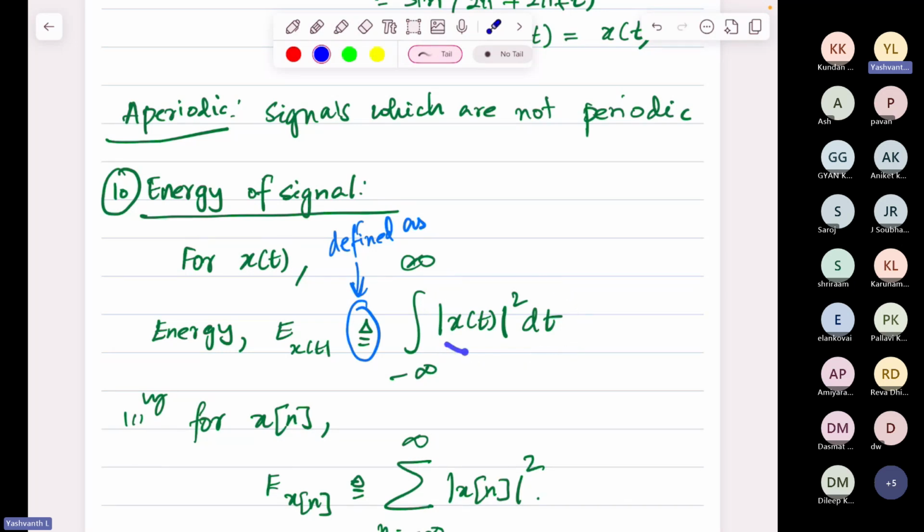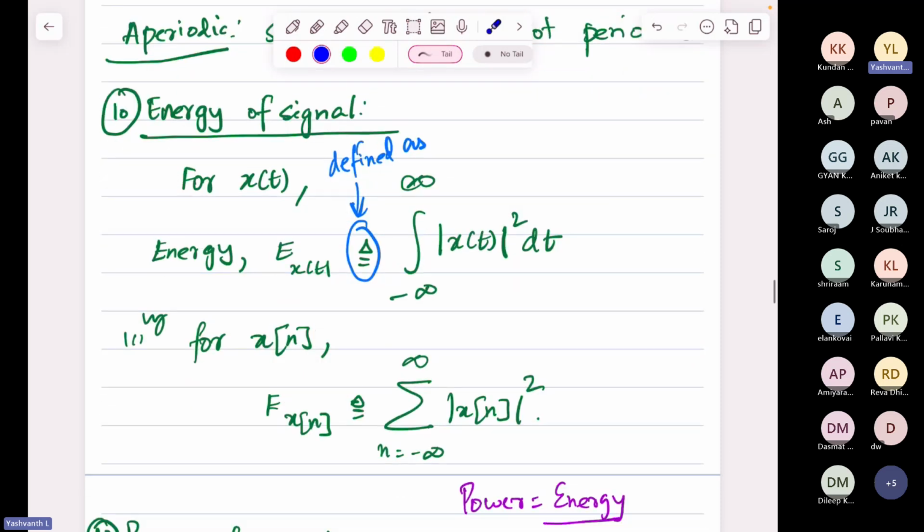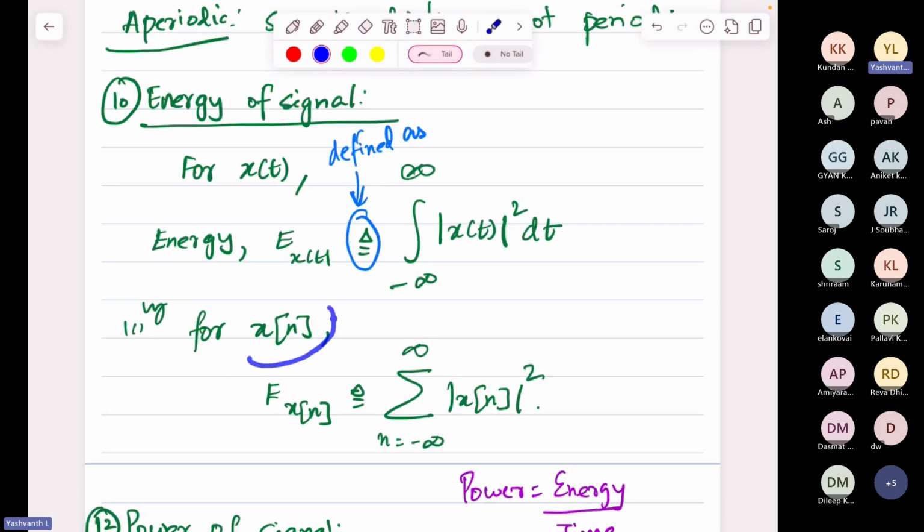Now you see, the integral is defined only if t is continuous. If it's a discrete time signal, how can you define an integral? That's why people also came up with the definition of energy of a discrete time signal. Here t takes a value n, because t is only over discrete points. So in general, people use n as the index for a discrete time signal.